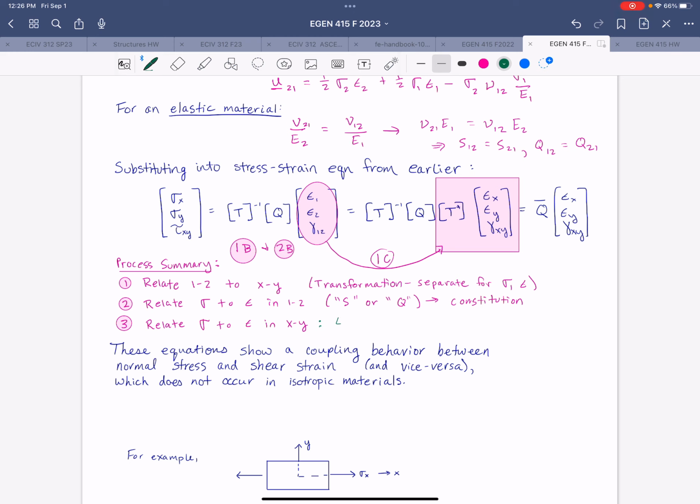And so to get there, you would either apply 1B and 2B and then 1C, like we did here, or you would apply 1A and 2A, and then 1D, if you were solving for strains instead of stresses.